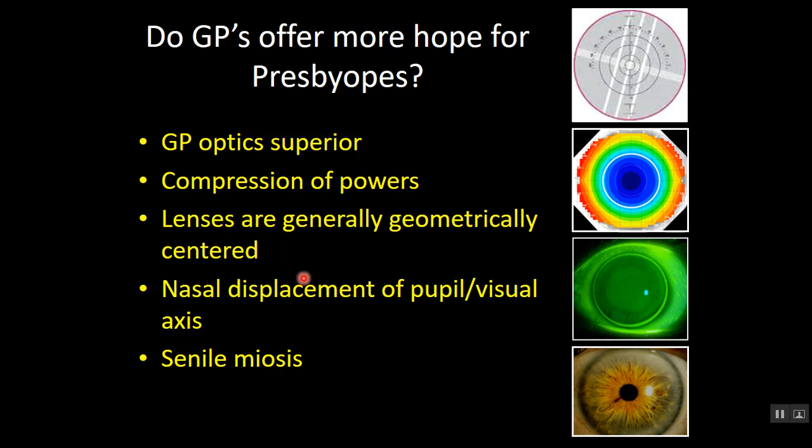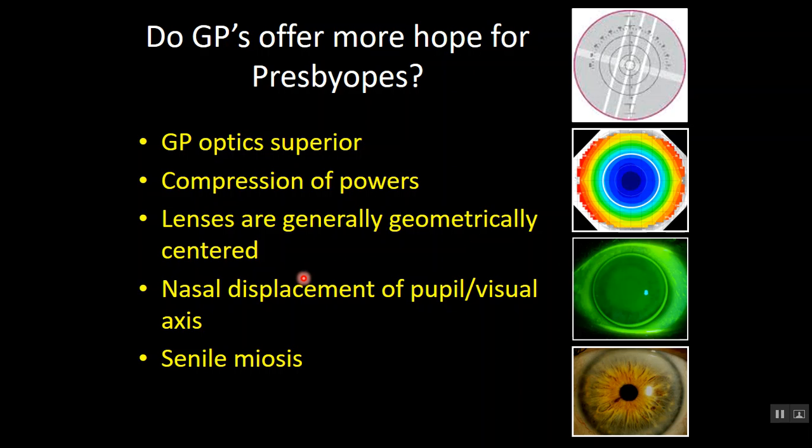But are GPs any better for the presbyope? And we might look at how the GP optics are superior. We might look at how we can compress the powers into a small area, similar to soft lenses. So maybe a GP wouldn't be superior in terms of its ability to move the powers into a small area.